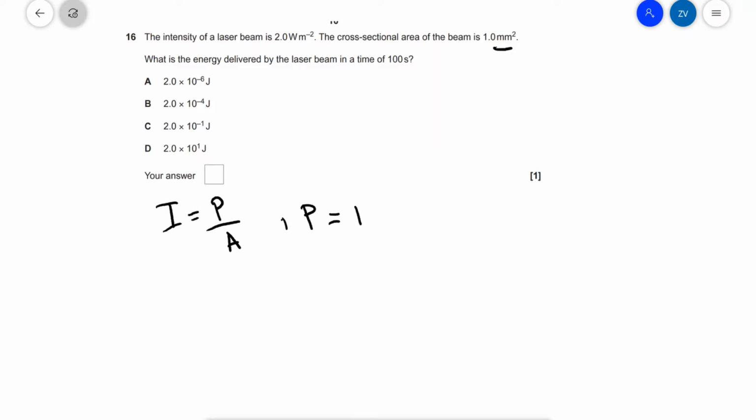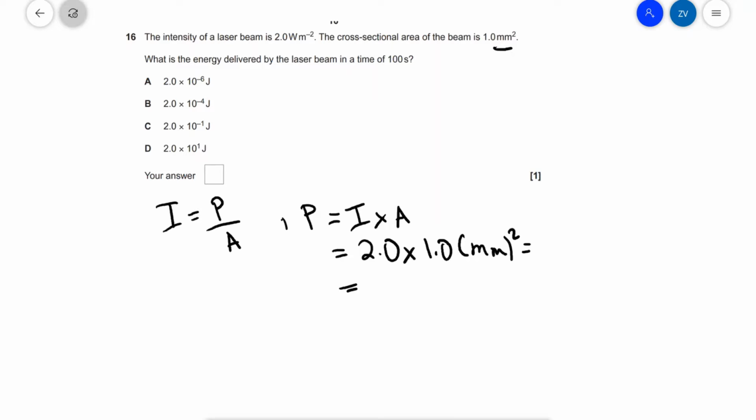So power is equal to intensity times area, and this is going to be equal to 2.0 multiplied by the area, which is 1.0 millimeters squared.